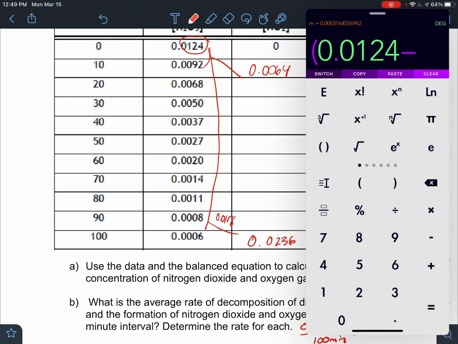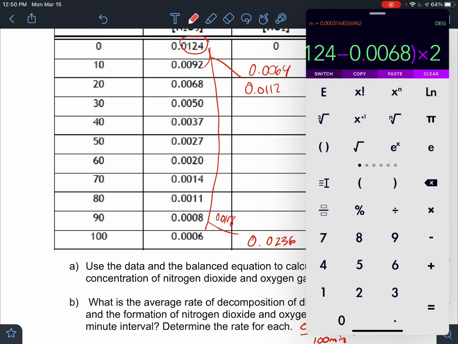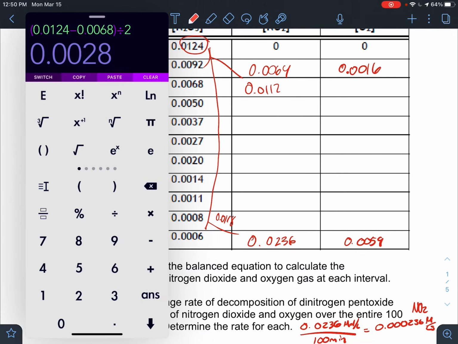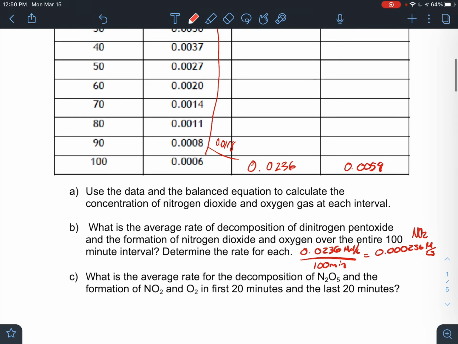And take away the 20-minute value, and then multiply by 2 for this one, 0.0112. And I guess I can do the divide by 2, why not? Divide by 2. And we're going to get 0.0028. So that's our 2 values.